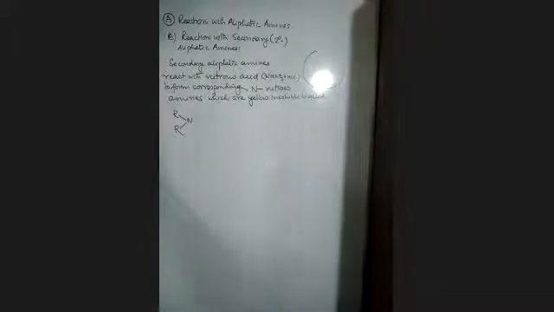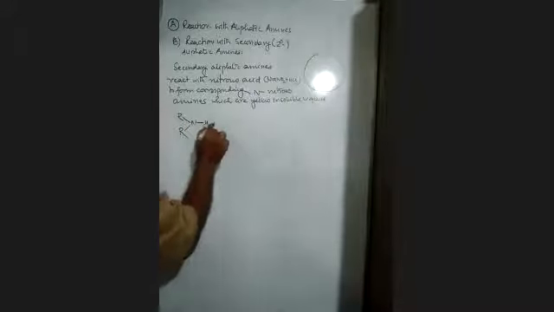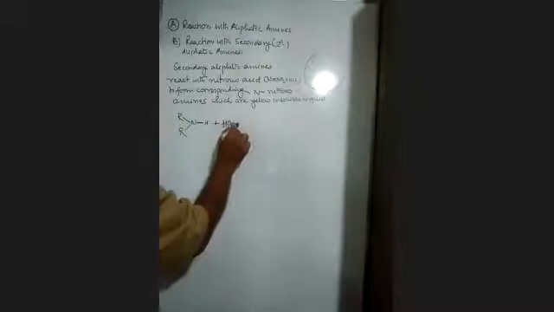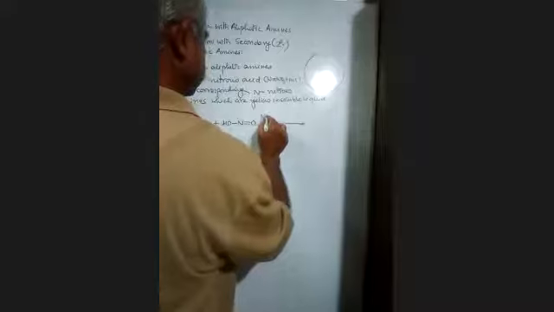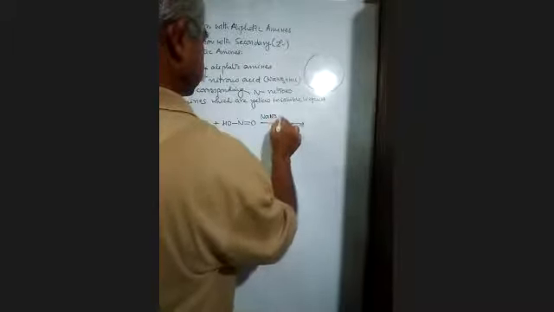Okay, so let me write first here the general reaction. I did not do the general reaction for your primary amine because I wanted to show you the formation of alkenes. Okay, now see, nitrous acid is this. This is nitrous acid, HCl.